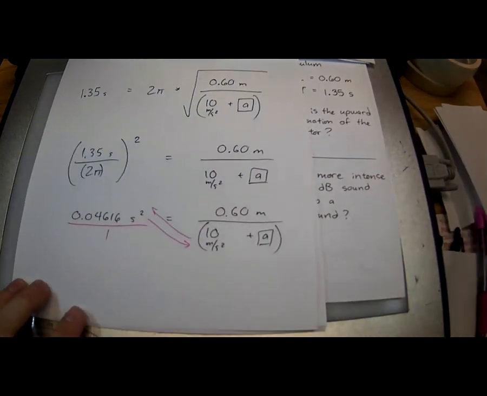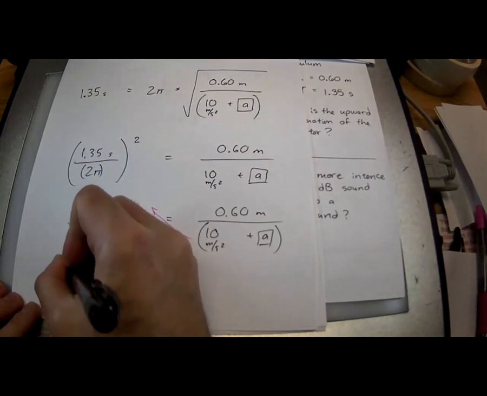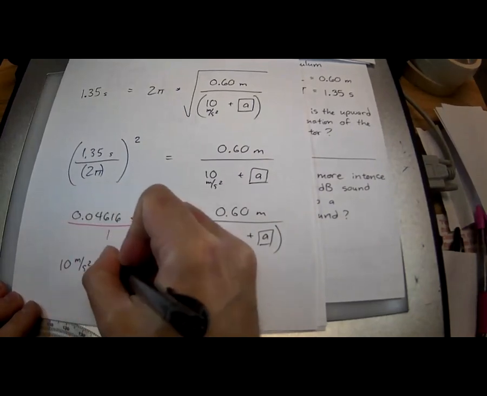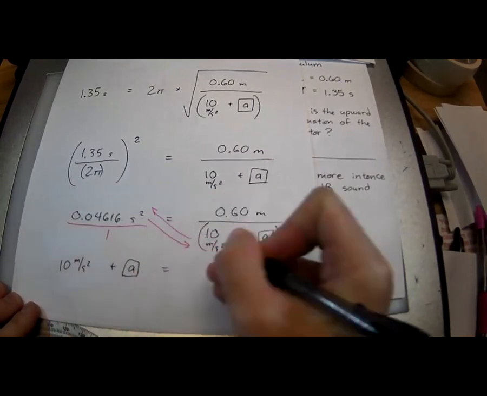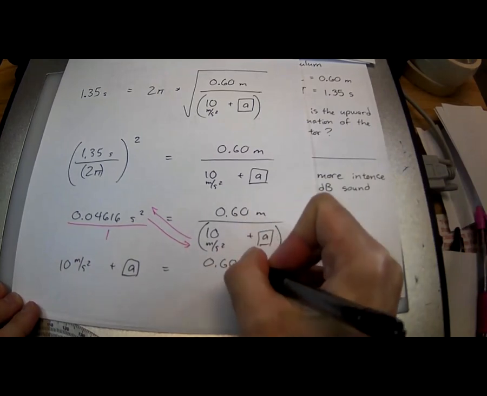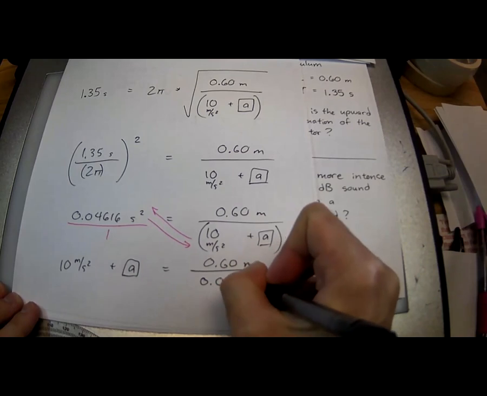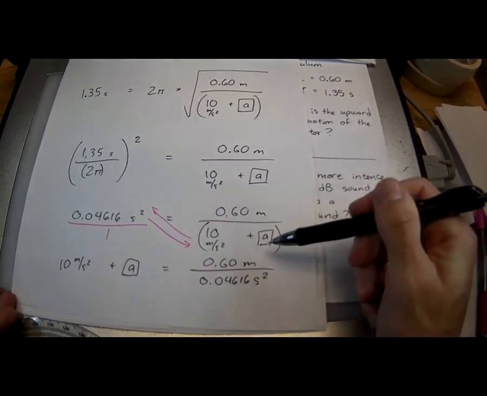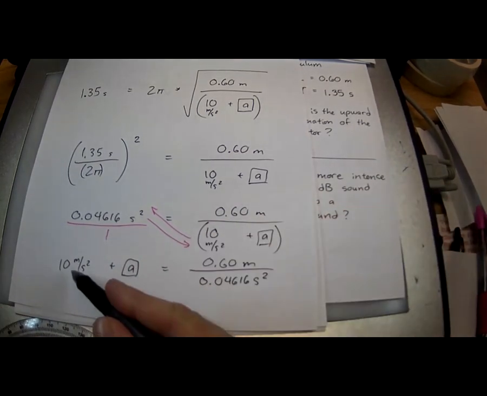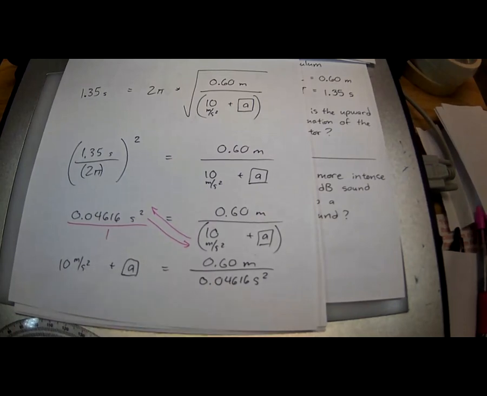A double switcheroo. So 10 meters per second squared plus a, which we're solving for, is equal to 0.60 meters divided by 0.04616 square seconds. Look at that, that's meters per second squared. Here's meters per second squared, we're solving for meters per second squared. We've got 3 terms that are all the same unit. Good.